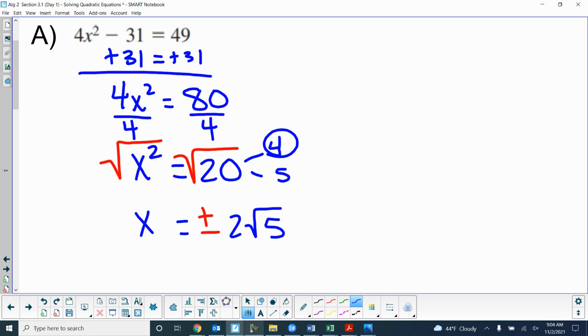Most of the time, there are 2 answers to these, the majority of the time. Okay? So, there's no b value, no x in the middle, like your normal quadratic, you're going to get the squared part alone, and then take the square root of both sides. Okay?